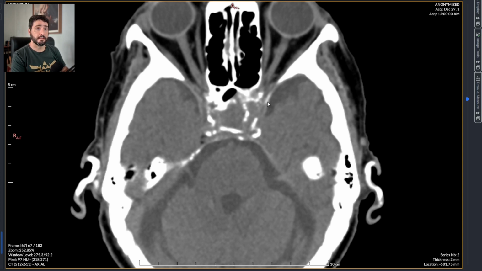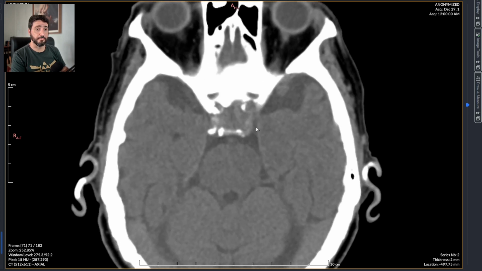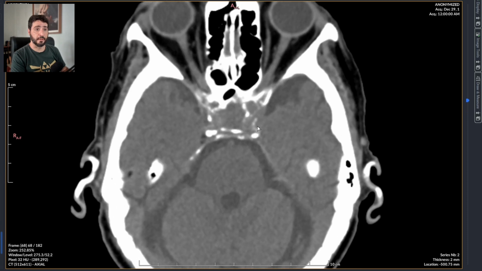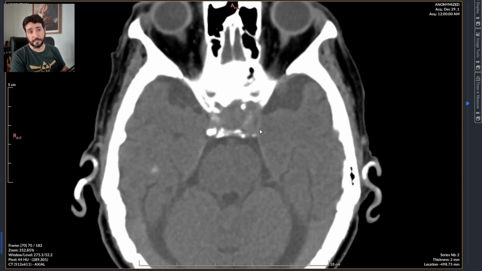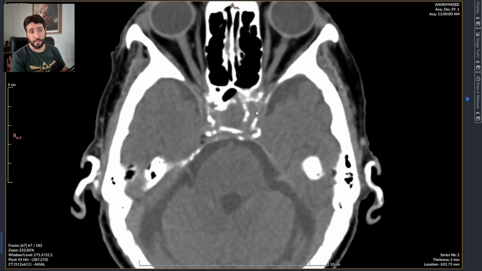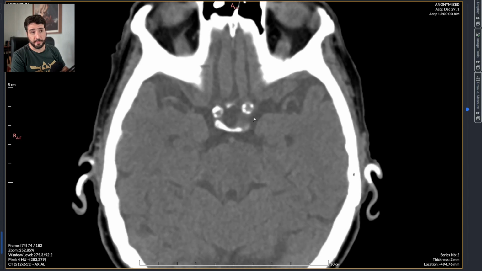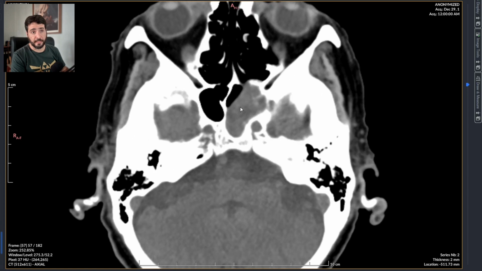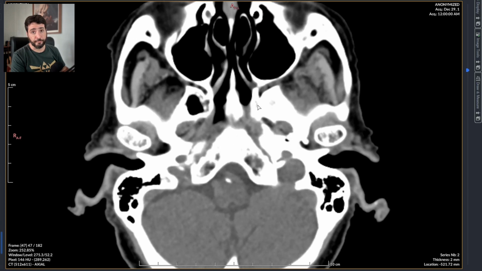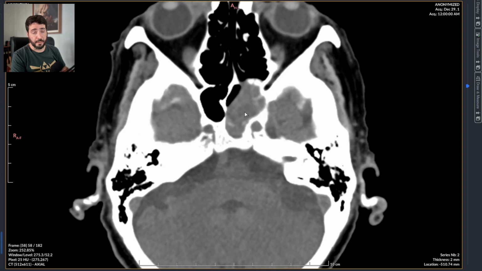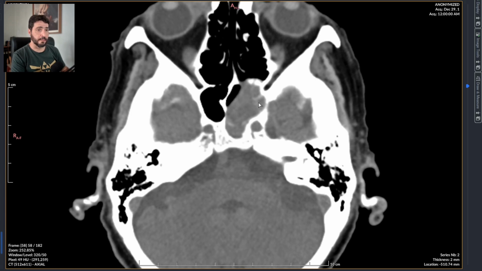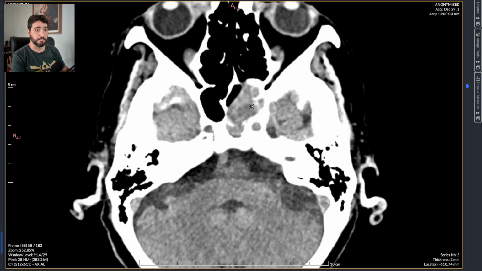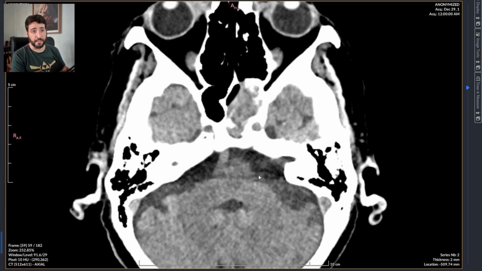So this is usually a very distinct bone structure. It's clear to me that the contours, the walls of the sella are eroded, and there is something that extends to or from the sphenoid sinus cavity to the left. So there is a soft tissue mass that much resembles the density of the brain itself.